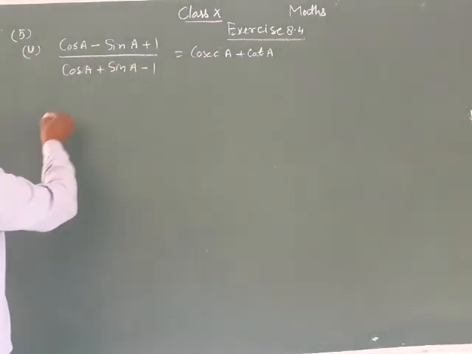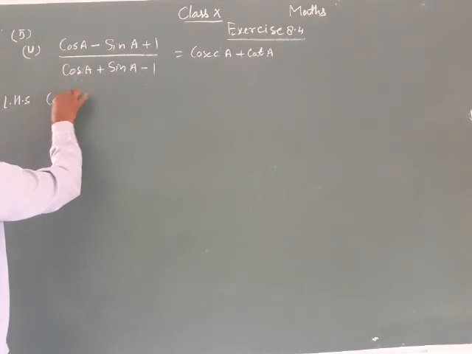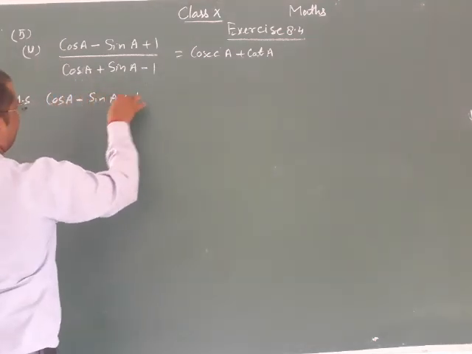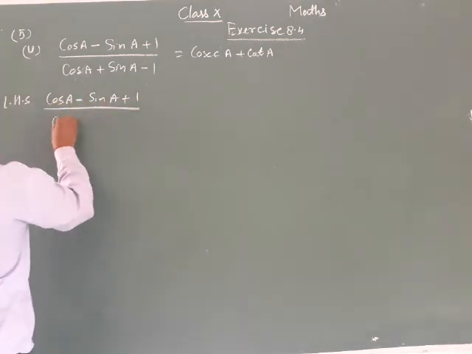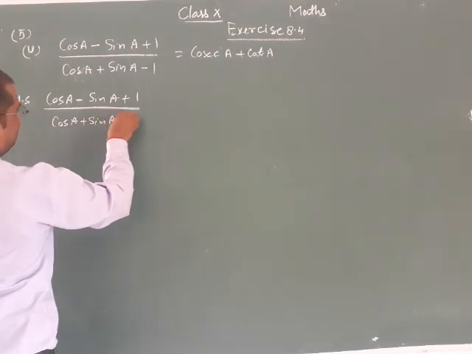So taking LHS: (cos A minus sin A plus 1) upon (cos A plus sin A minus 1).